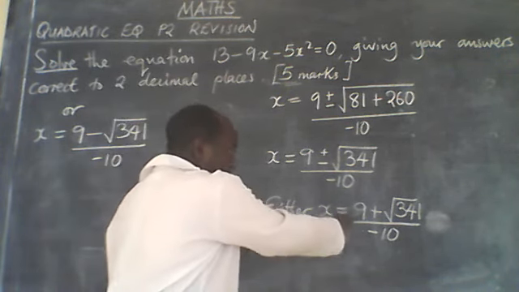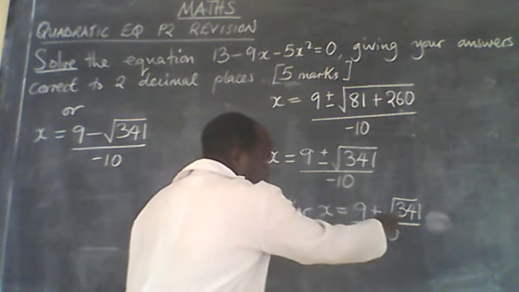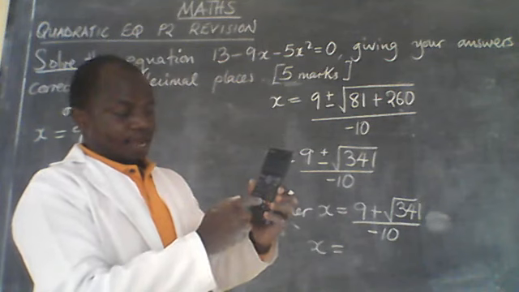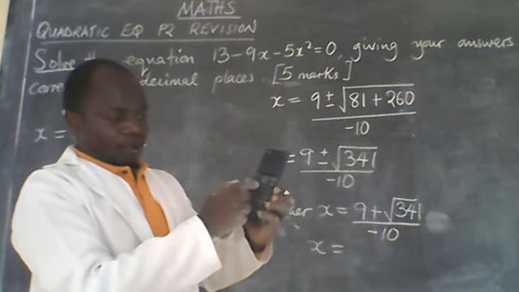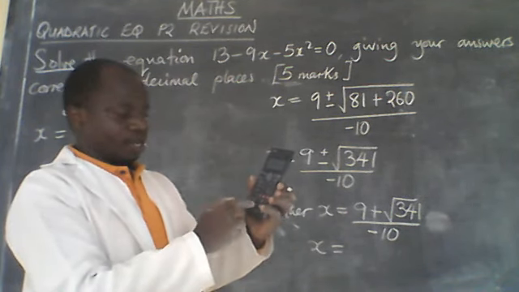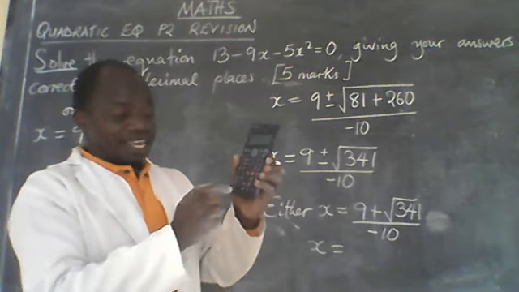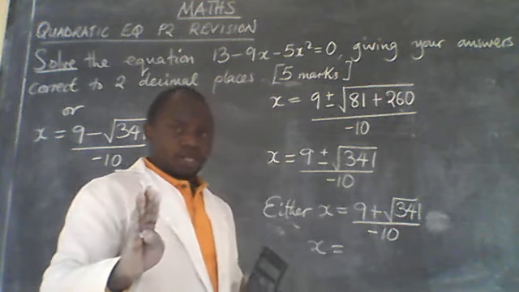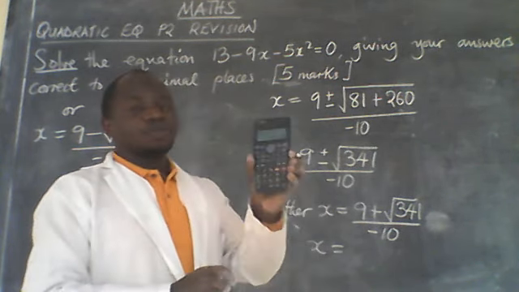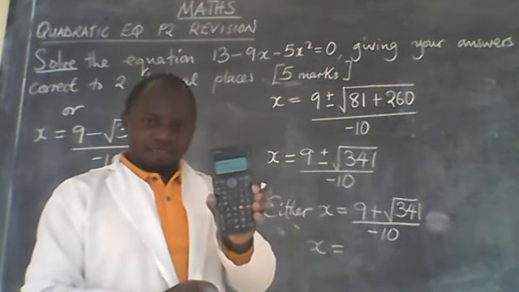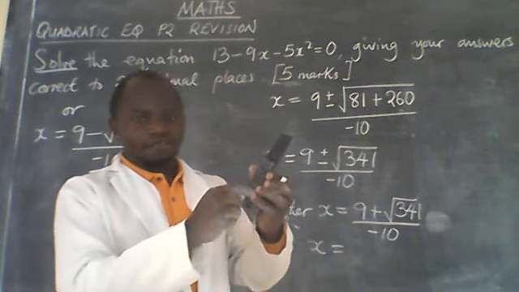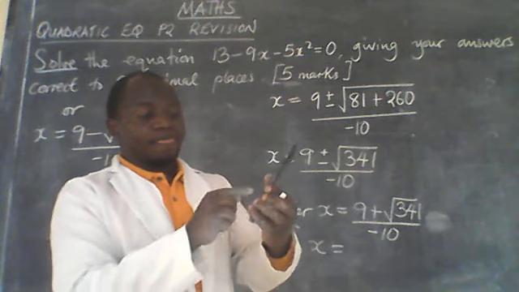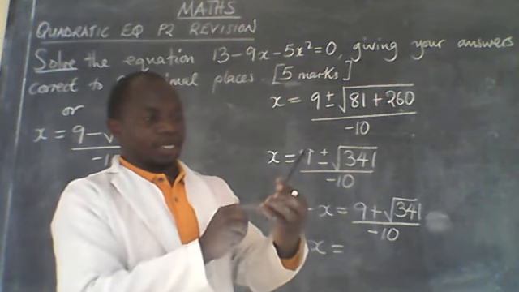So say 9 plus square root 341 equals. Don't say divide by negative 10 yet. Say equals. You're going to have the answer, then you say divided by negative 10. There's a negative there.